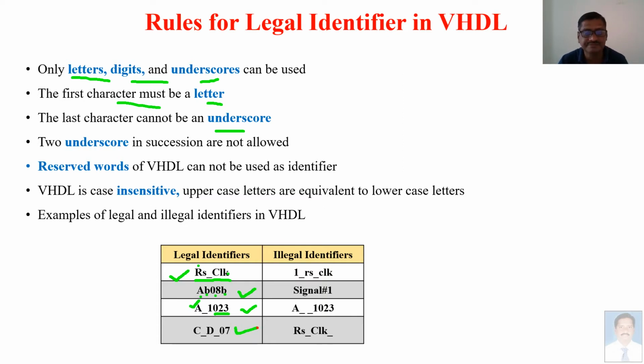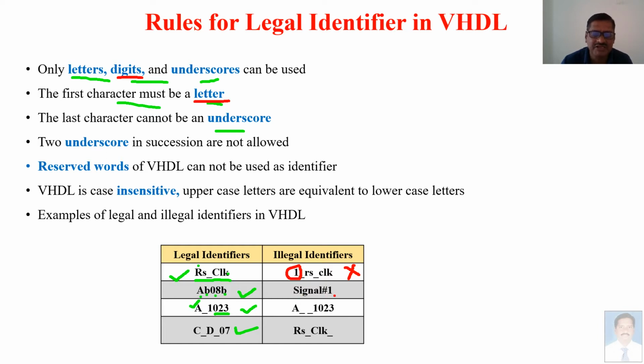Now these are the examples of illegal identifiers. In this first one, the first character is a digit. What is mandatory? The first character must be a letter from A to Z, any letter A, B, C, D. That's why it is invalid.